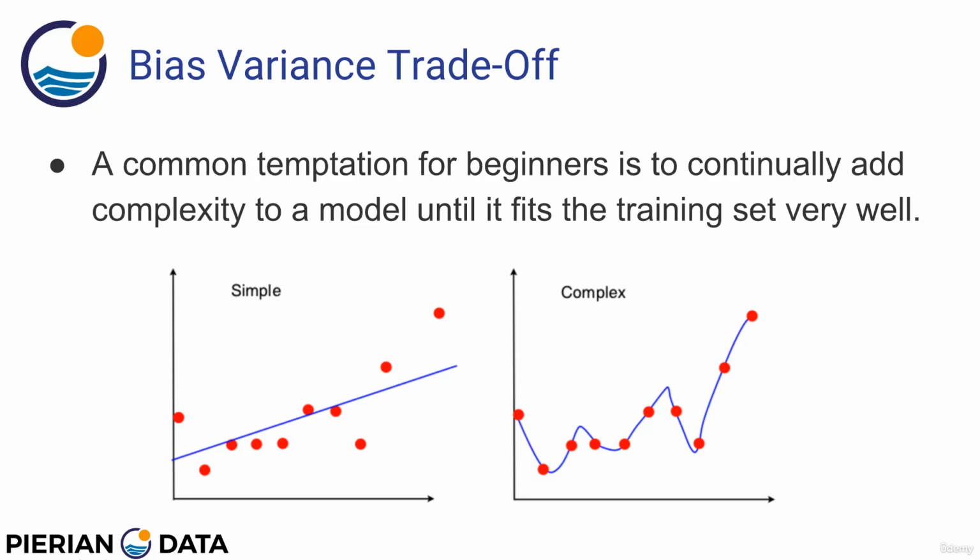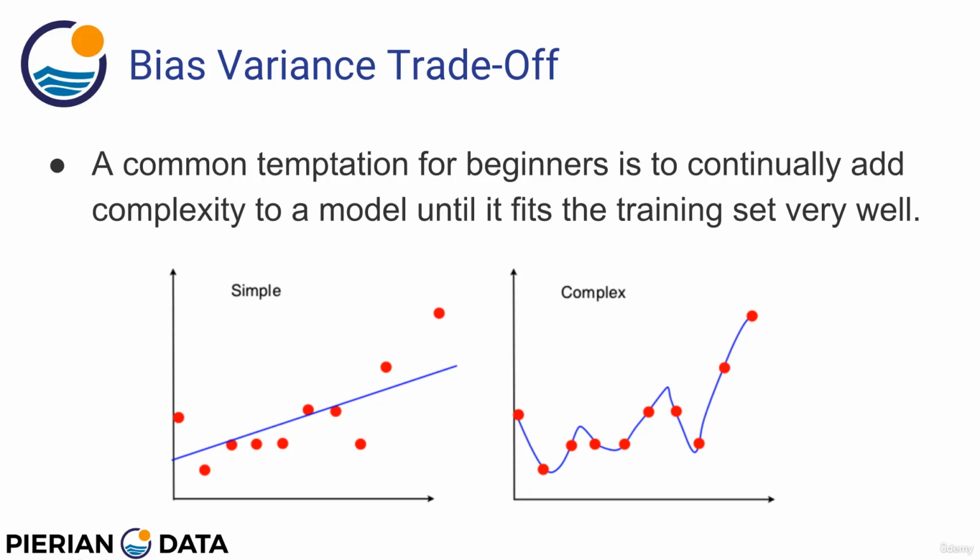A common temptation for beginners is to continually add complexity to a model until it fits the training set very well. Let's begin to understand this in a machine learning algorithm we already learned about, linear regression. Let's say you're given a set of red training data, not your testing data, just your training data. You might have a simple model, such as a blue line, and you get a certain error on your training data.